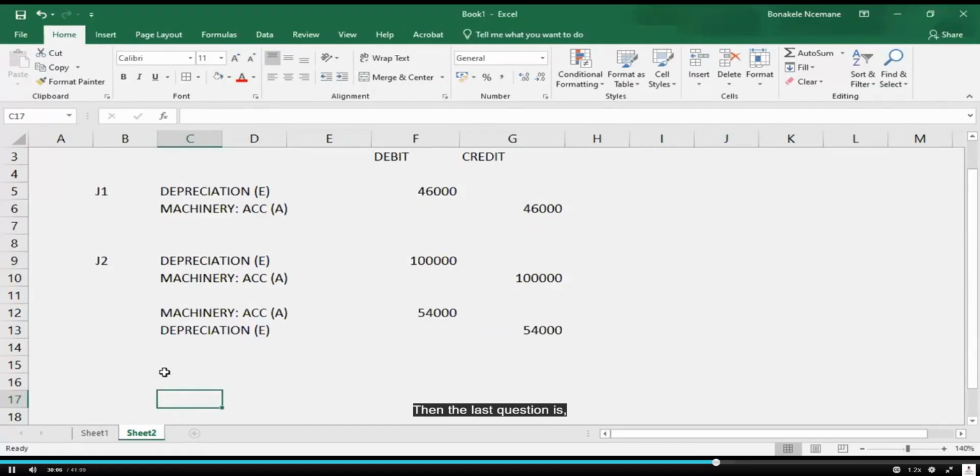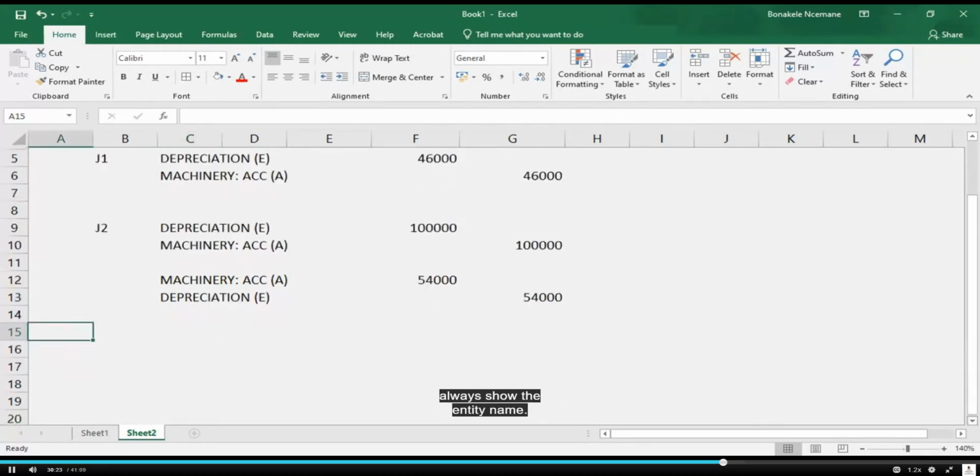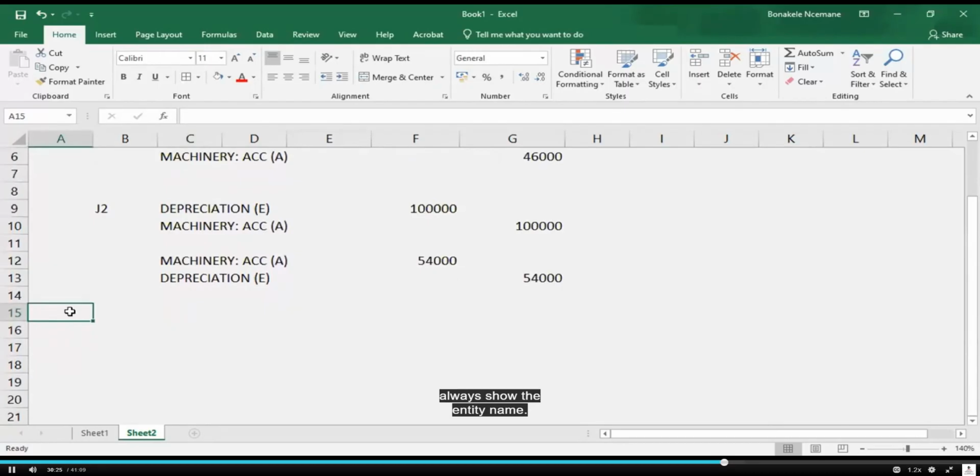And then the last question is, how do you disclose a change in estimate? Now, your disclosure should always show the entity name. So you should include the company name that has been given to you in the scenario.